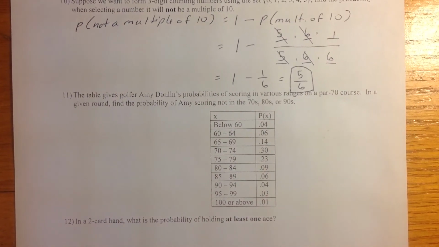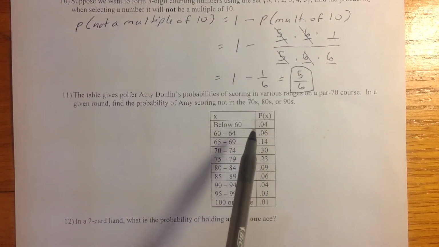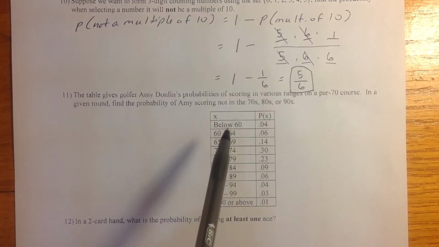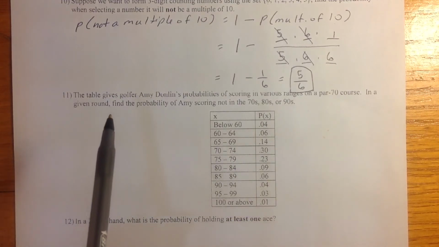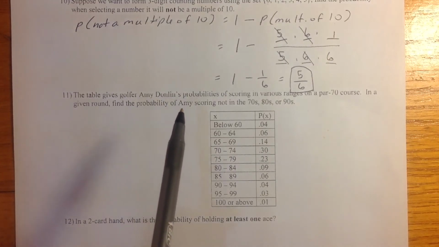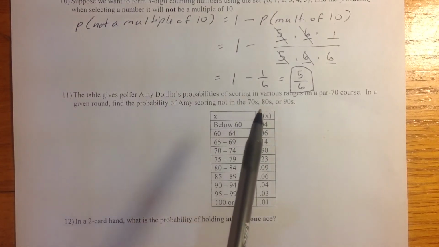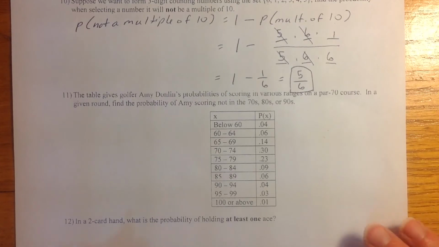All right, now we're back to the golfer Amy Donlin and her possible likelihoods of scoring certain scores in golf. It says, in a given round, find the probability of Amy scoring not in the 70s, 80s, or 90s.